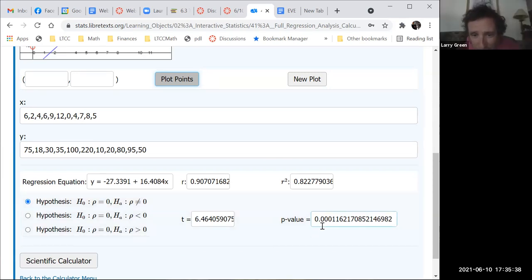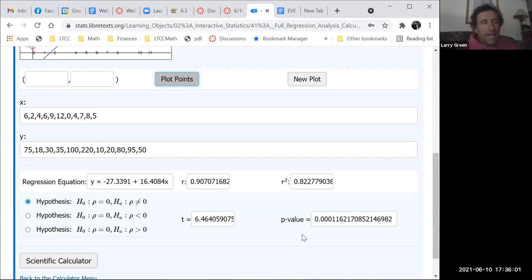Yeah, the p-value is 0.000116. So that means that we have statistically significant evidence that there is a correlation between the number of years of education after 10th grade and salary at 30 years old.